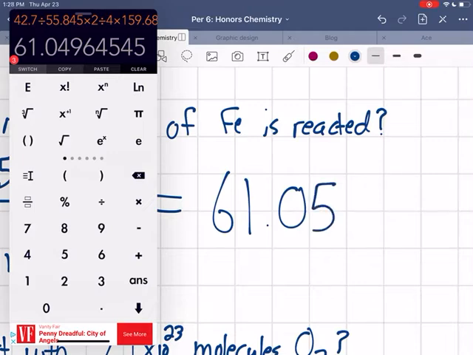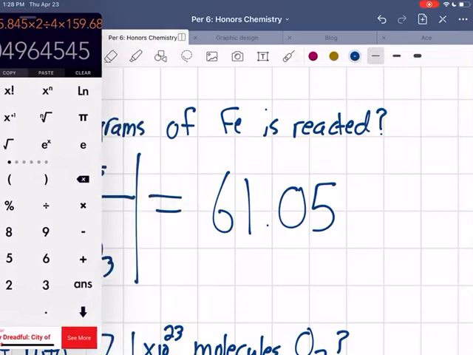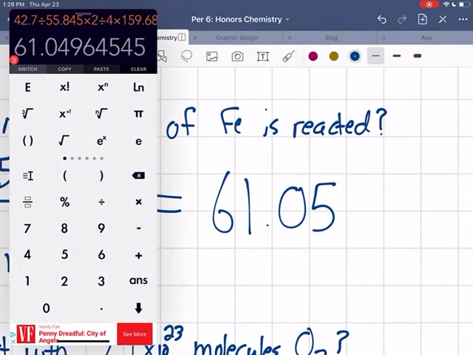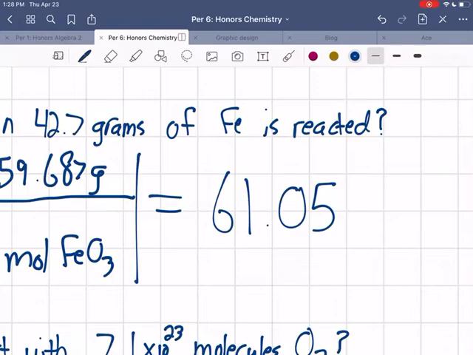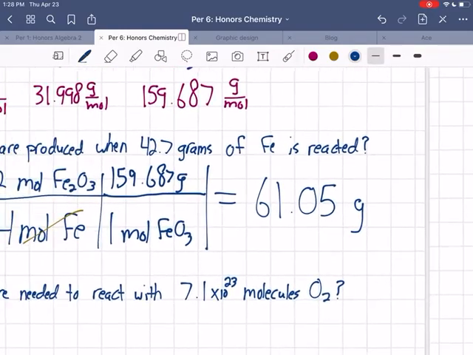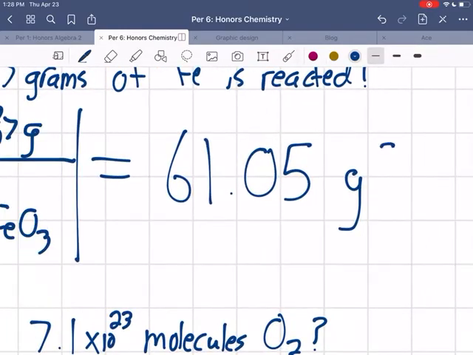I'm just going to round to 2 decimal places there. All right, and our last unit there was grams of iron oxide, Fe2O3.